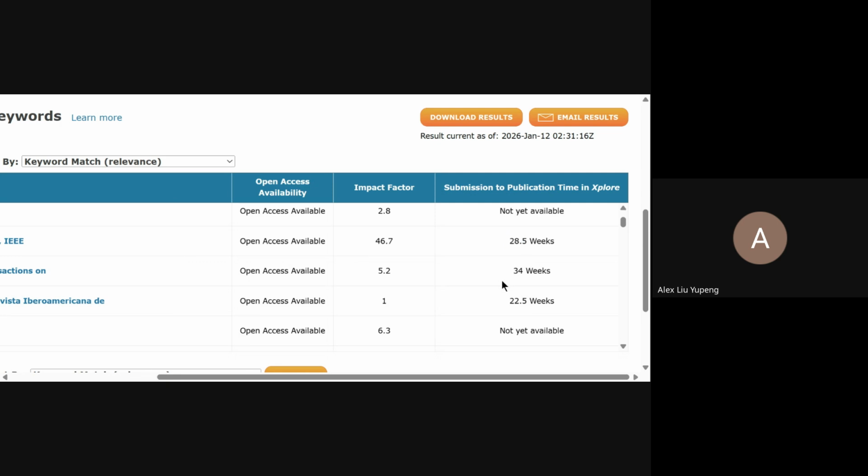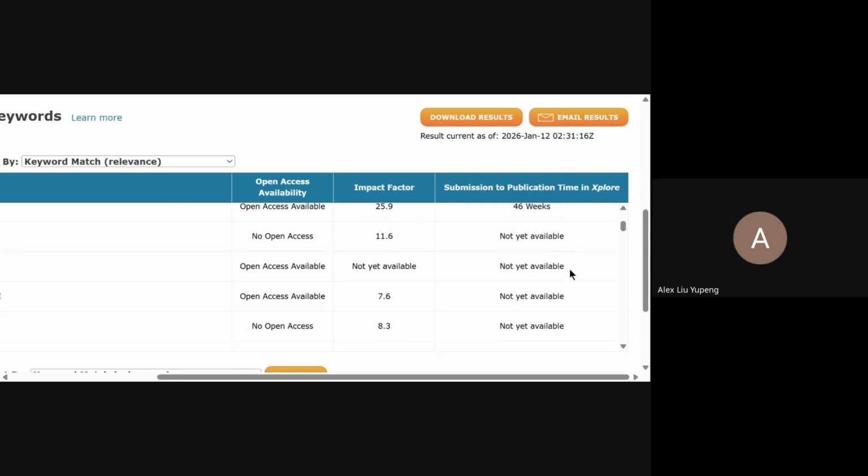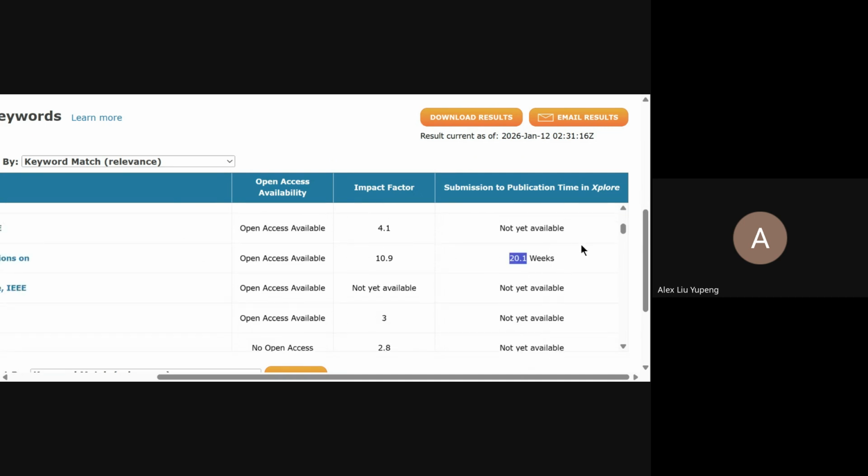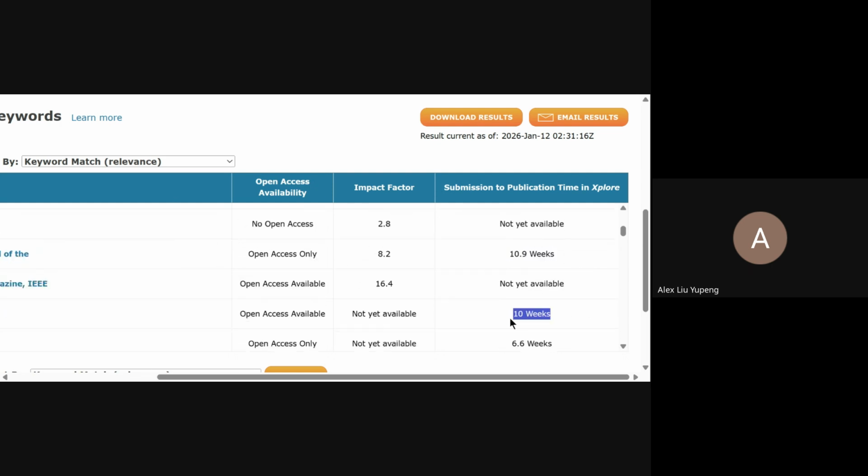These numbers are just based on previous data, most likely from last year. So you should not use this as a reference and ask your editor, well, on the website, you tell me it's 20 weeks, why now it's taking me 30 weeks? It doesn't work that way because different papers vary. This is just based on historical numbers, just for your reference only.